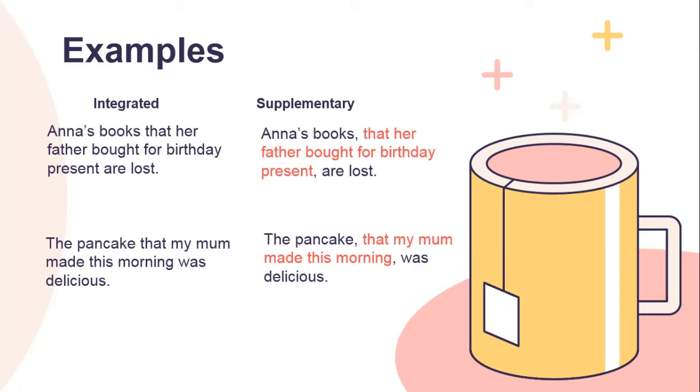And for the supplementary example: the pancake, comma, that my mom made this morning, comma, was delicious. So "that my mom made this morning" refers to the pancake. It diverts the meaning into a restrictive definition, while the integrated, the pancake that my mom made this morning was delicious, contains more like a definition.